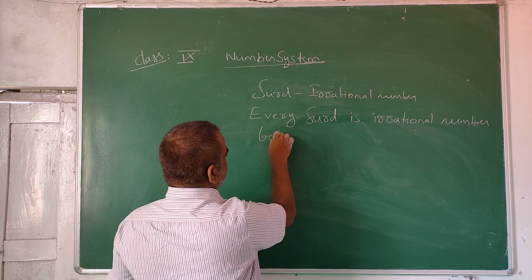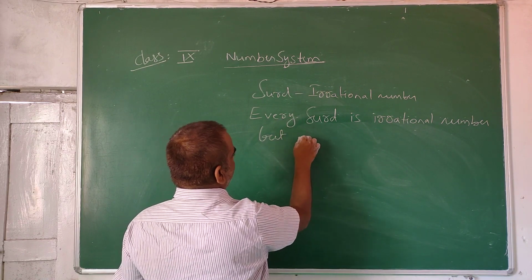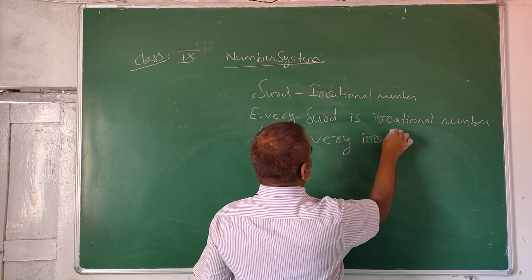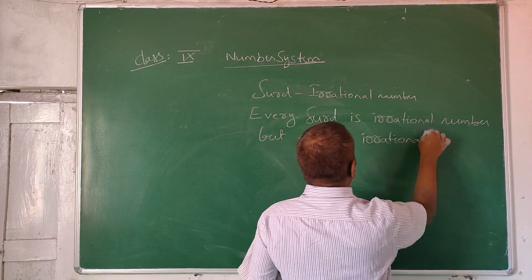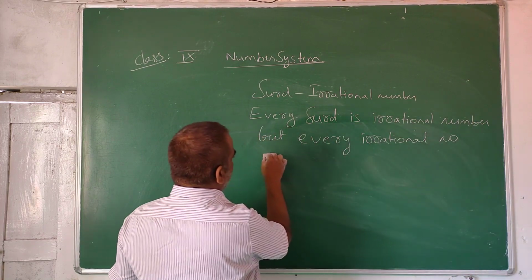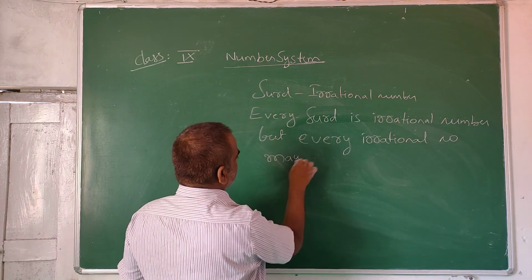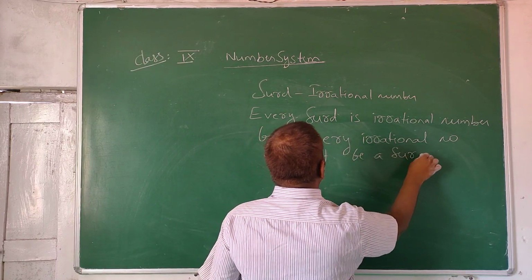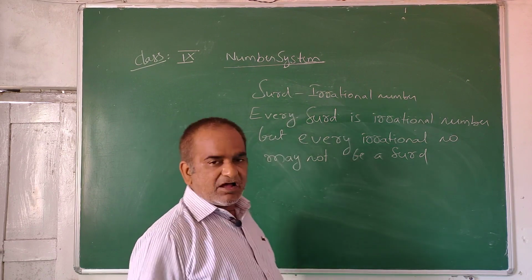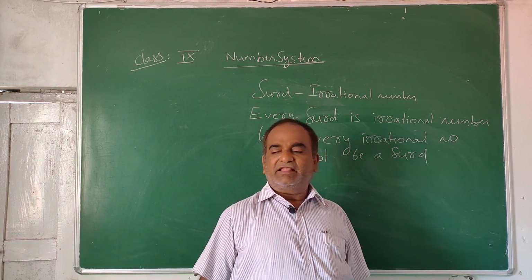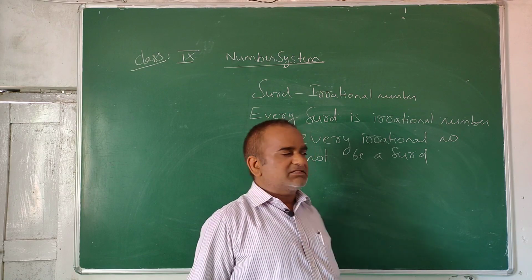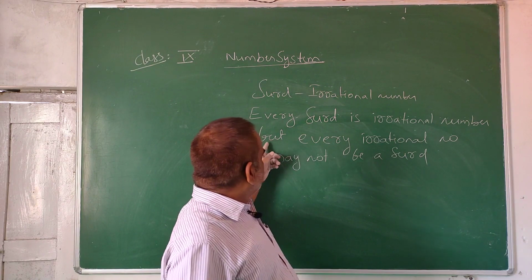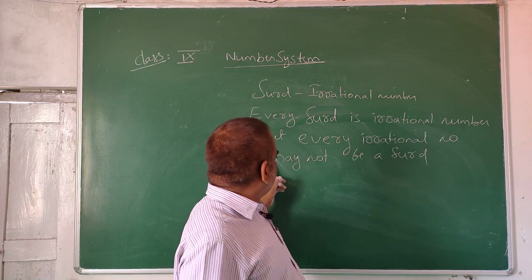That means every irrational number may not be a surd. This is the most important point, a sensitive point that every student should understand. Every surd is an irrational number, but every irrational number may not be a surd.